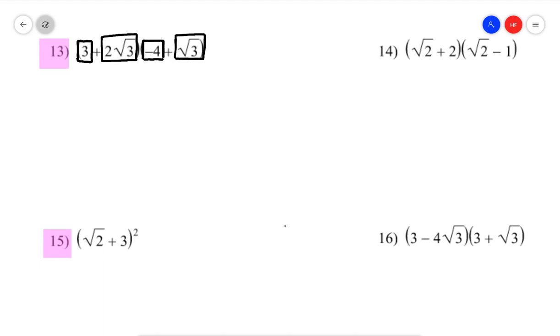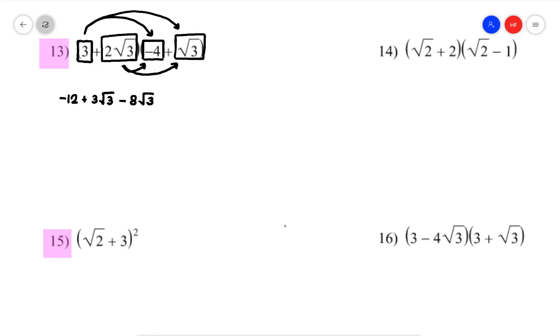Sometimes it is hard to see where your terms are, so we'll take the 3 and multiply by both of those. So 3 times negative 4 is negative 12, that'll be lower. And then 3 times root 3 is 3 root 3. Same thing with the 2 root 3, multiply by both terms. So 2 times negative 4 is negative 8 root 3.